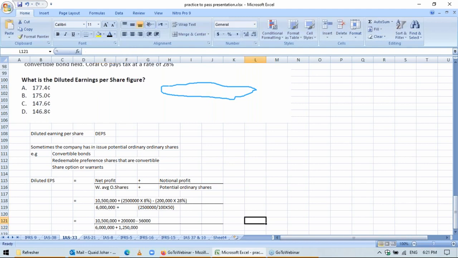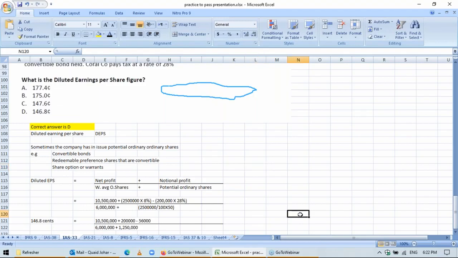So this gives you the diluted EPS. Divide this, and we get 146.8 cents. It's $1.46, right? I have converted it into cents, 146.8 cents. So the correct answer is D, $1.46.